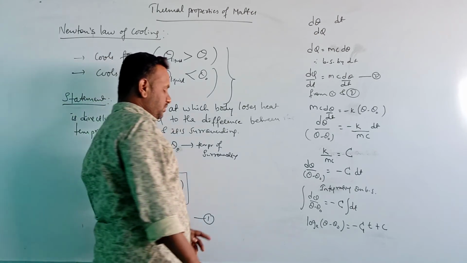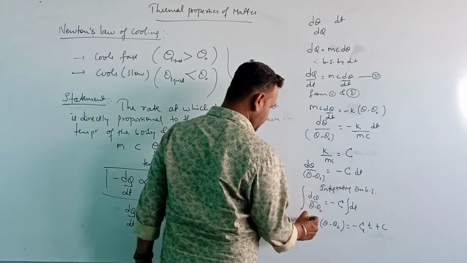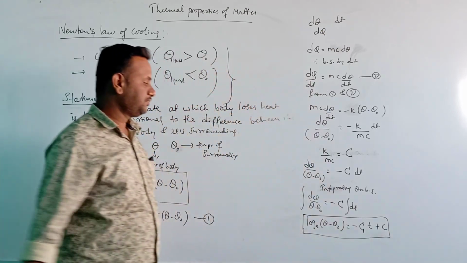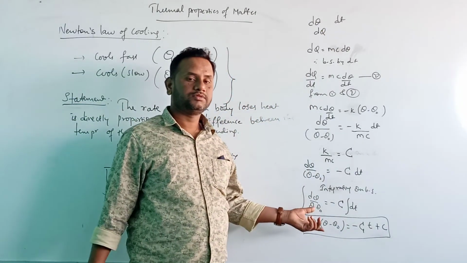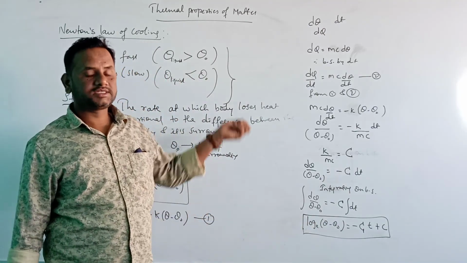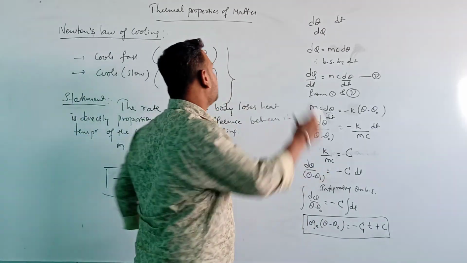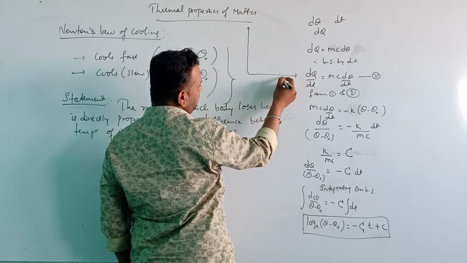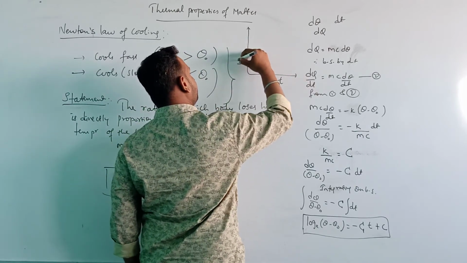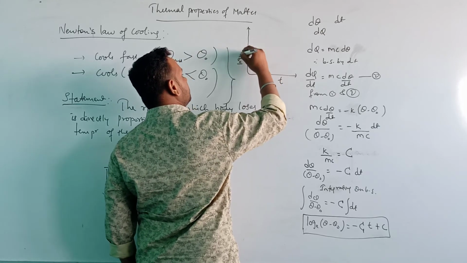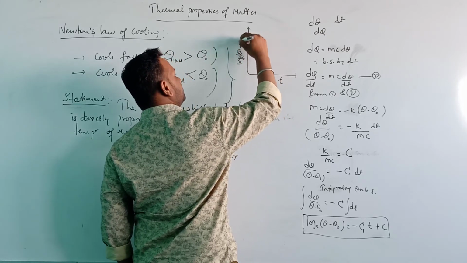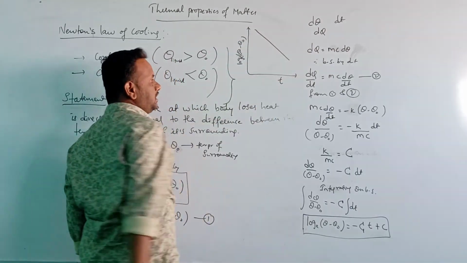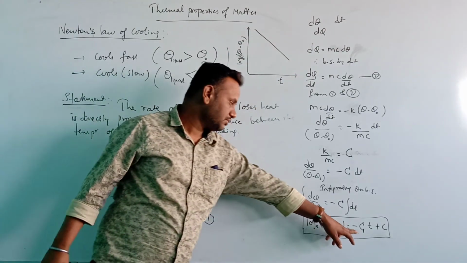This equation shows that if you plot a graph between log e of theta minus theta naught and time, the slope will be a straight line which is negative.